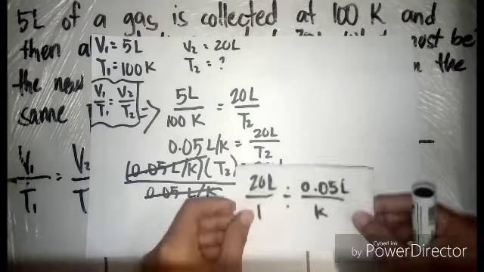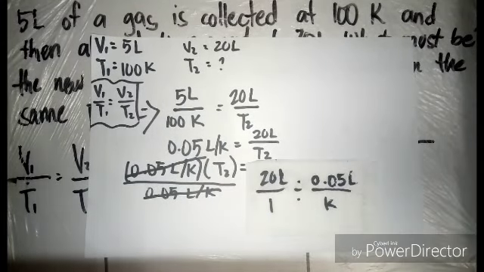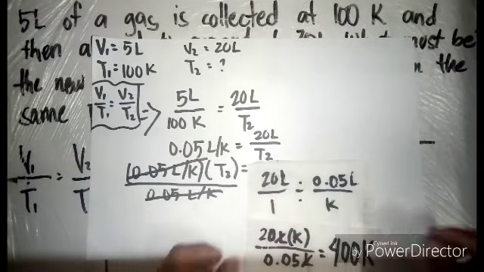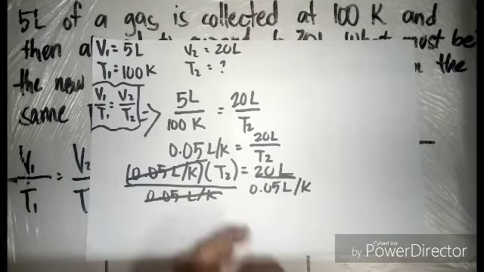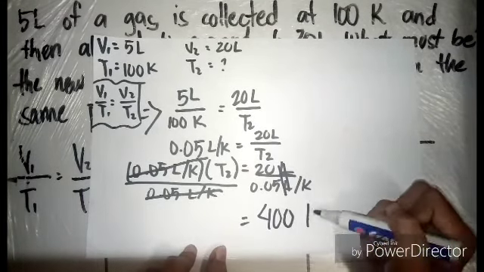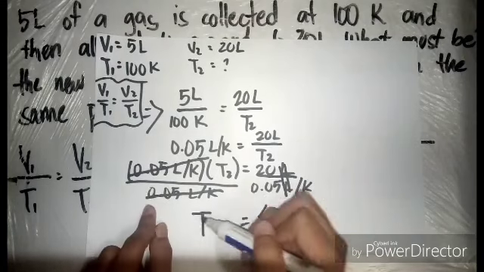Then expanding this, we would get 400 Kelvin. And that is our second temperature.